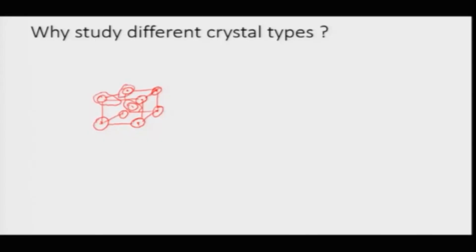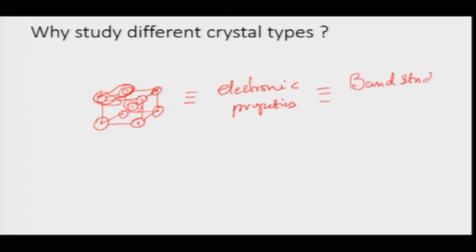And depending on the lattice structure, you can have overlapping of orbitals along certain particular directions in the crystalline structure. Along certain directions the overlap might be strong, and along certain other directions the overlap might not be strong. That will immediately affect the electronic properties of the material. So, they have an immediate effect on something called the band structure of the material.